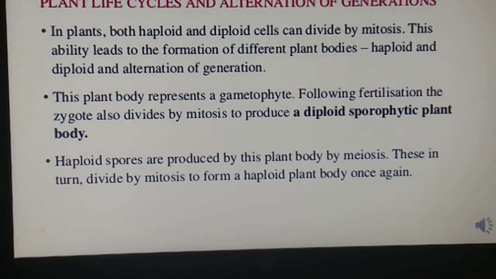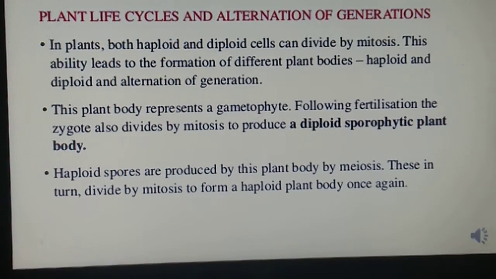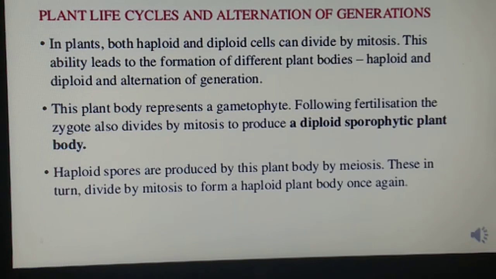Now moving on to the next topic, plant life cycles and alternation of generation. Now students, in plants, both haploid and diploid cells can divide by mitosis, which is an equational division giving rise to two daughter cells. This ability leads to the formation of different plant bodies, haploid and diploid, and alternation of generation.